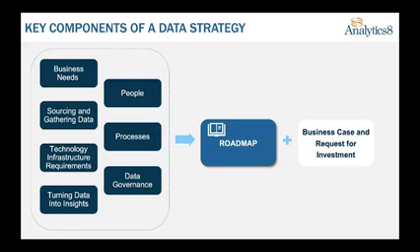And we'll look at each one of these in more detail. And then we'll look at how to build each one of those core components into a roadmap that, combined with the business case or a request for investment, will comprise the conclusion of building a data strategy.